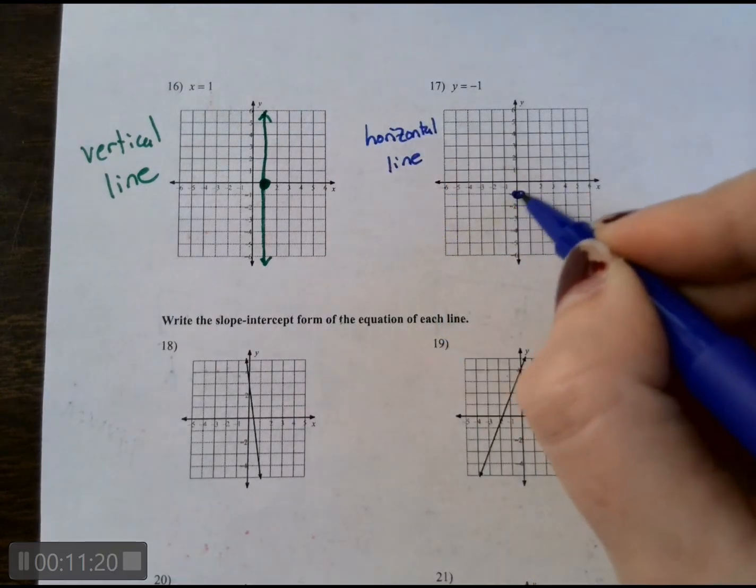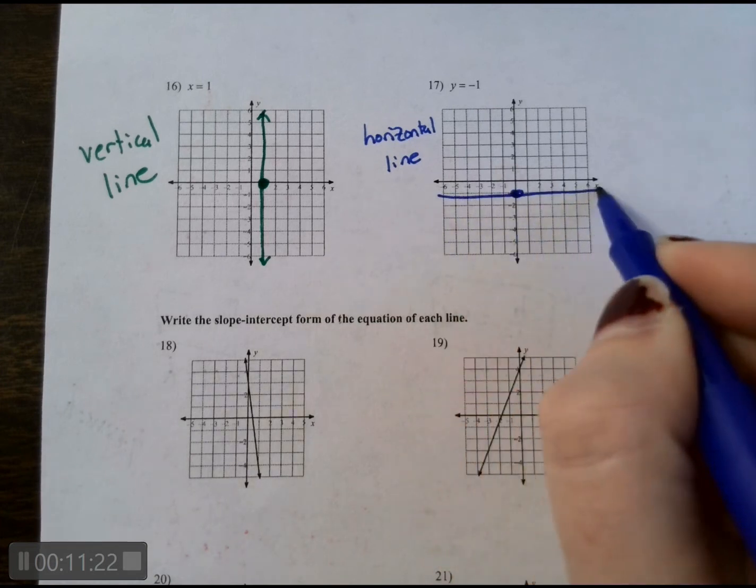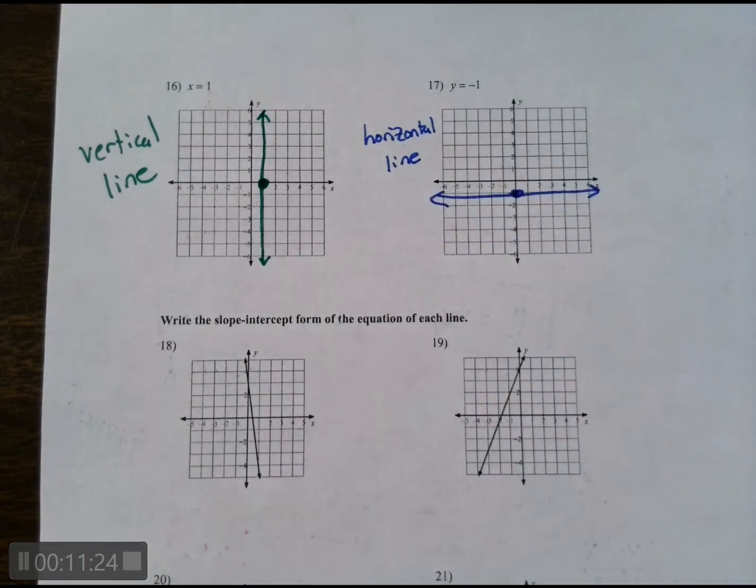So we go to y equals -1 and draw our horizontal line. Okay. Alrighty, a good way to remember this is if you think of your alphabet, X and V are very close together, and so are Y and Z. Z as in horizontal, okay? Alright, that's the only way that I can give you guys an easy way to think of it.